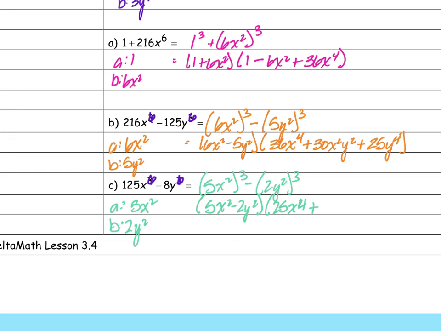Plus A times B, which would be 10x squared y squared. And then plus B squared, which is 4y to the fourth power. Okay, questions? Is everyone okay?